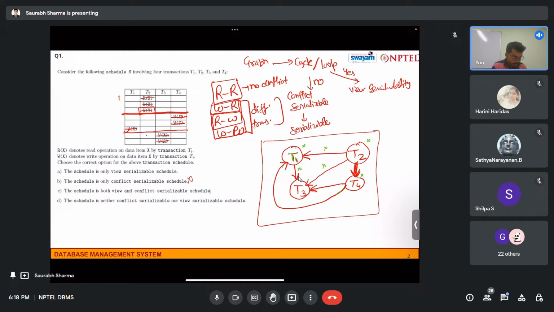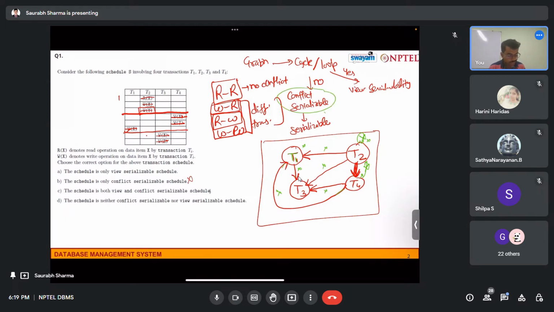Now we have the last option left, T4. From T4 we go to T1, then from T1 to T3, and again there is a dead end. So we don't have any cycle, and there is no self loop. So we can easily say that it is conflict serializable.